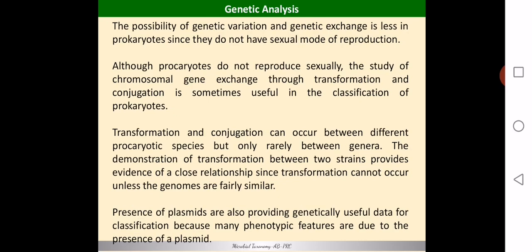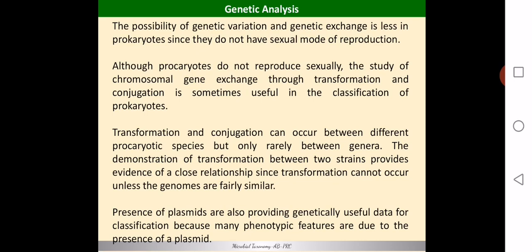All right. Then finally, the genetic analysis. The possibility of genetic variation and genetic exchange is less in prokaryotes because there is no sexual reproduction, right? Genetic analysis is widely used in sexually reproducing organisms, but still in prokaryotes there are certain gene exchange processes, like transformation, conjugation, and transduction, and these are useful for genetic analysis, because whether it be conjugation or other mechanisms like transformation, these are usually limited to related organisms, right?